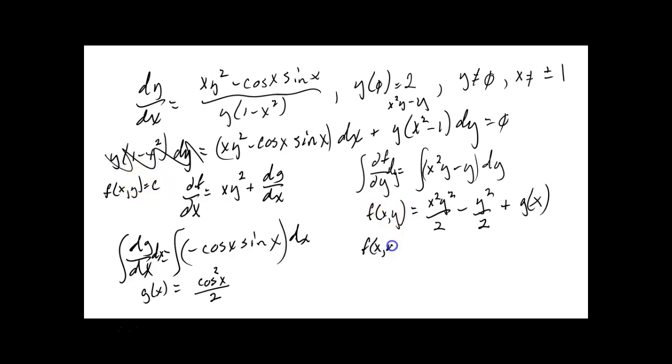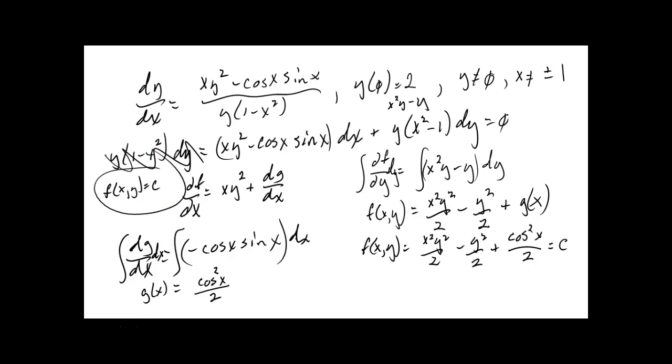F of xy is now x squared y squared over 2 minus y squared over 2 plus cosine squared x over 2. Okay? And let's just make that equal to some constant c. That was our original assumption, that f is some constant c. There's our one parameter system.